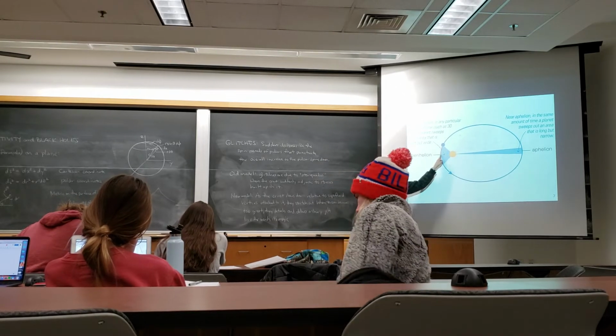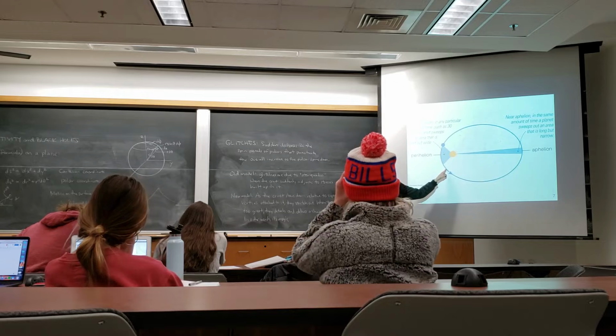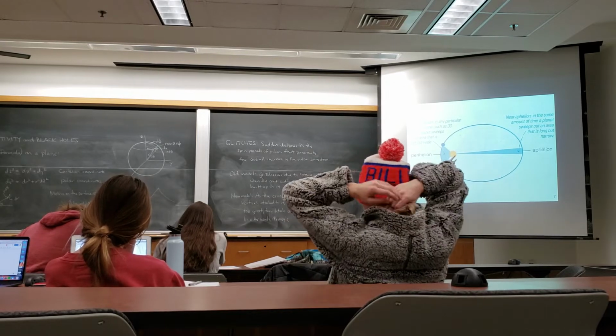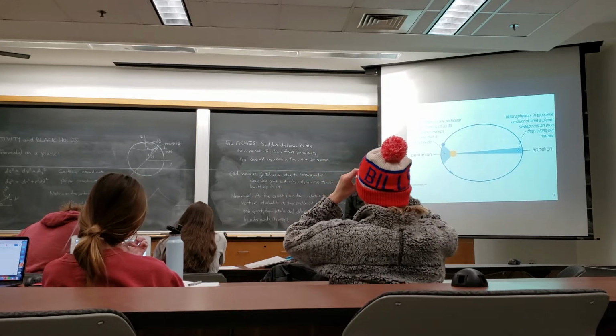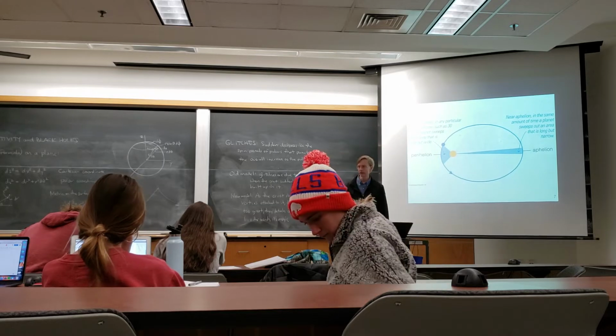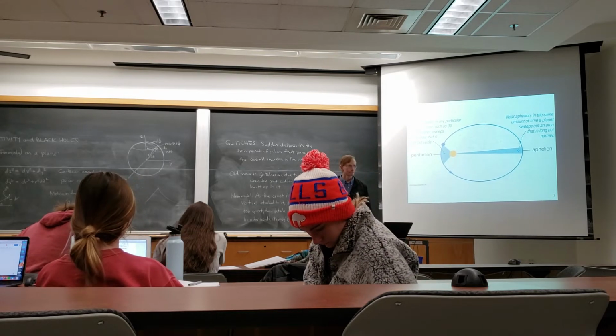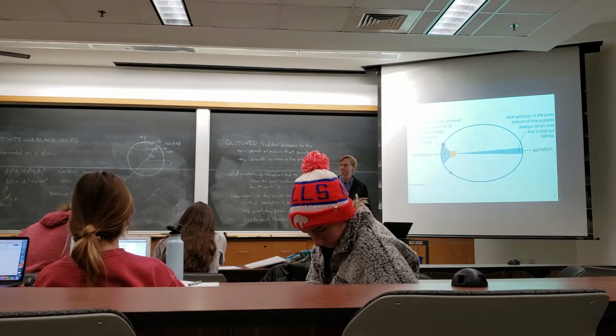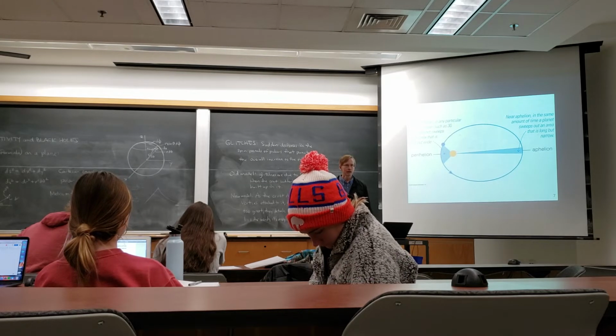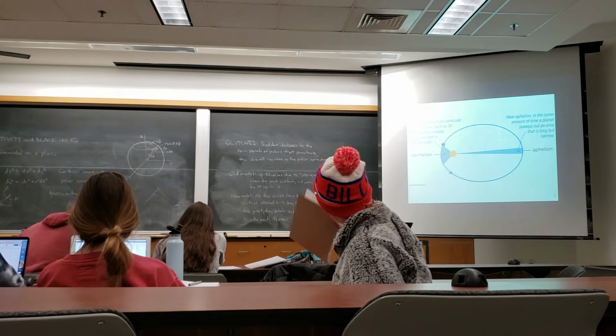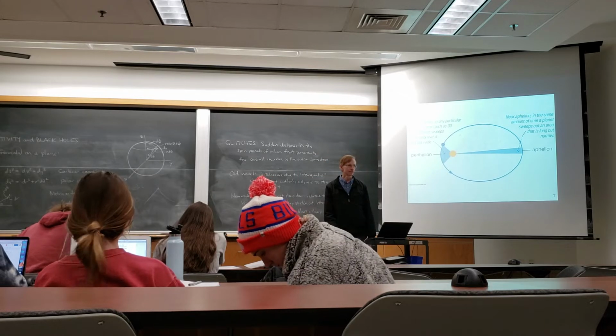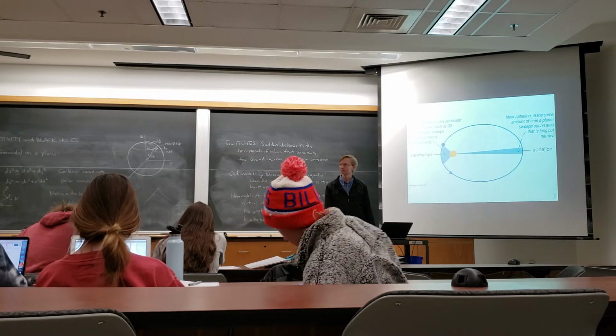It has to move faster along its orbit to counteract the fact that it's not as far from the sun, so that it can still be sweeping out the same amount of area in the same amount of time. Any follow-ups on that? I always like to try to remember to ask if there's any follow-ups. And then somebody else asks.